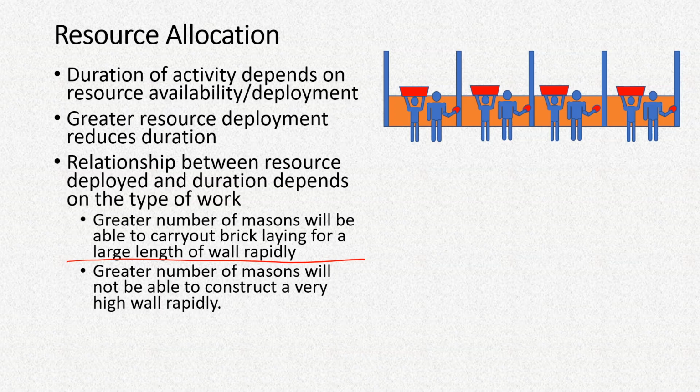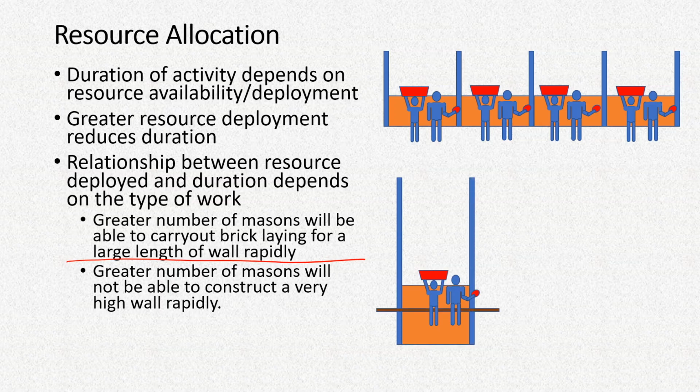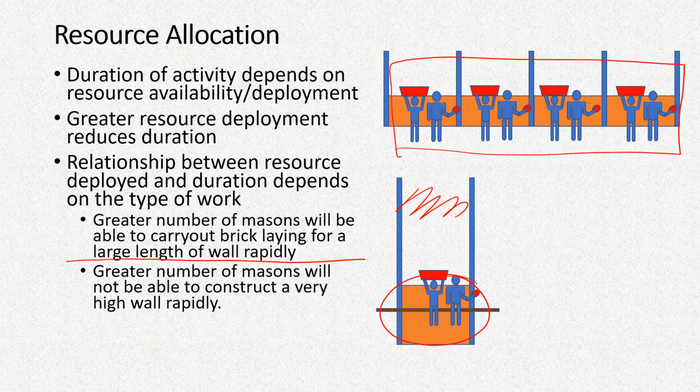But the same cannot be done if instead of the length of the wall, the height of the wall is more. So for this kind of an example, you cannot construct this part of the wall before you construct this part of the wall. So therefore, in this case, this model will not be valid.